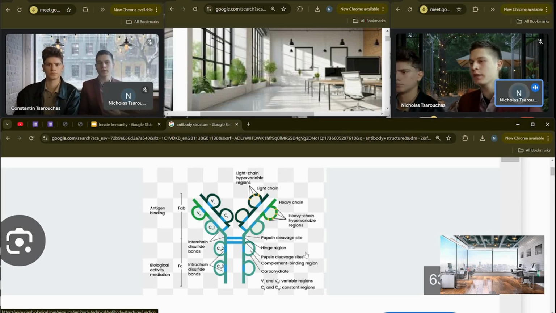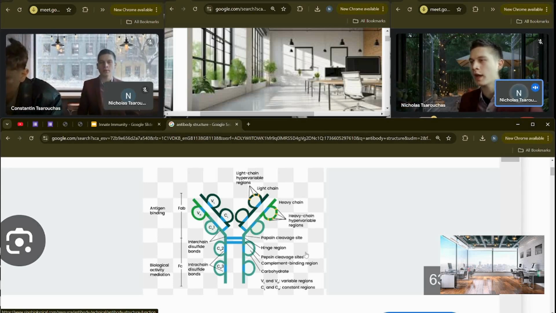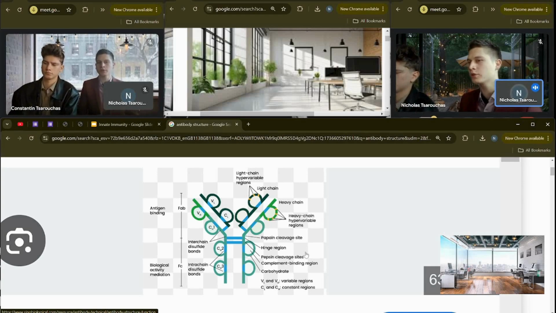And it's really this recombination that allows different combinations, where you're able to excise with RAG1 or RAG2 recombinase enzymes to cut out different chunks, and you're able to put together different constant regions to maintain your constant region for binding to your effector cells, but also to be able to change your variable region, especially with hypervariable loops or CDRs on the surface, to really be able to bind to a large, diverse array of pathogens.